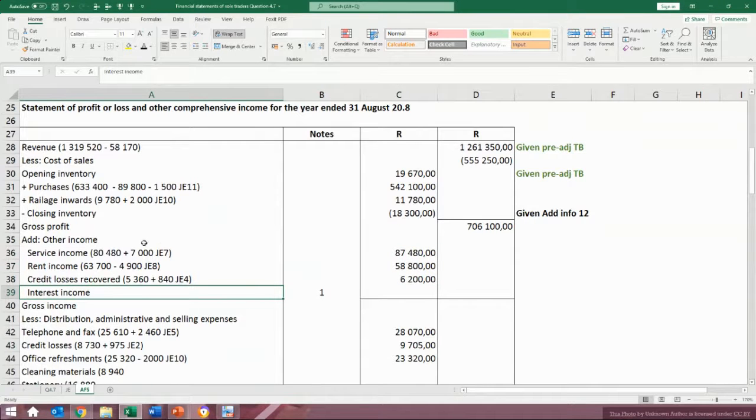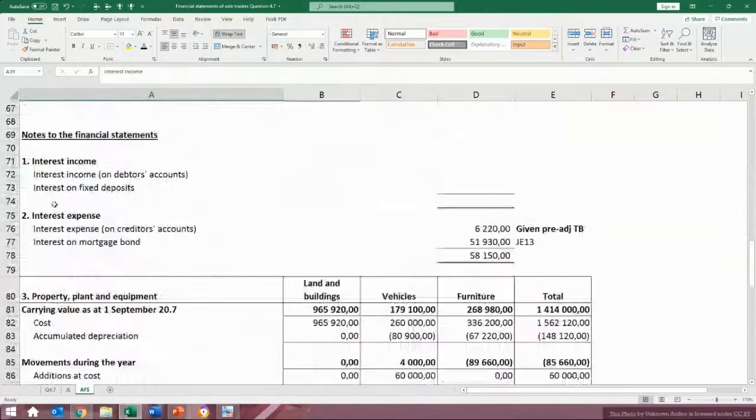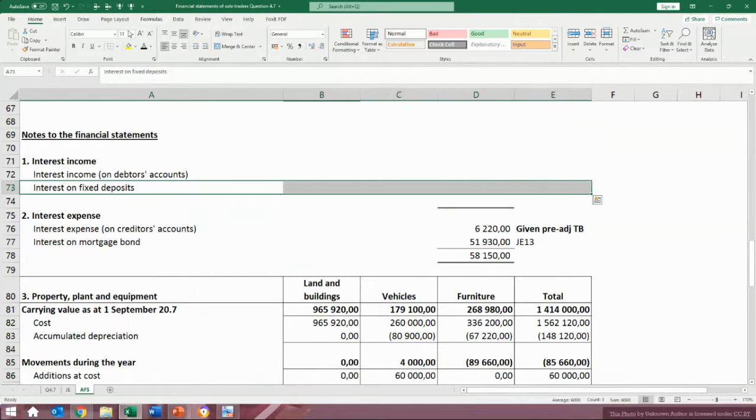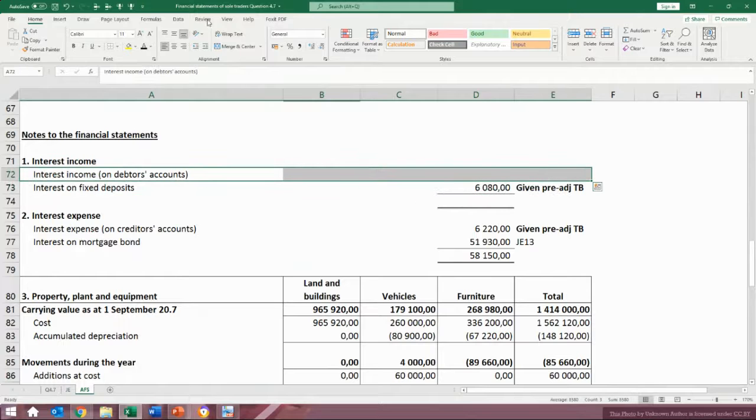If you scroll down to note number 1, it is made up of interest income on your debtors account. Now if you look on page 148 in your textbooks, the interest on fixed deposit is 8,500. So that amount is given to us. Okay, sorry, I swapped it around here.